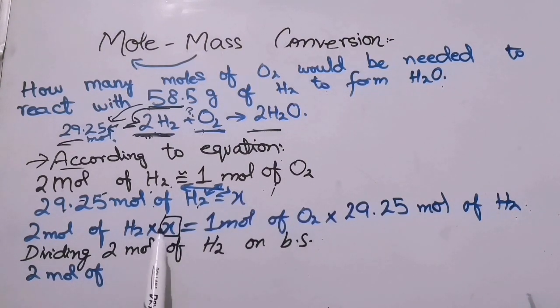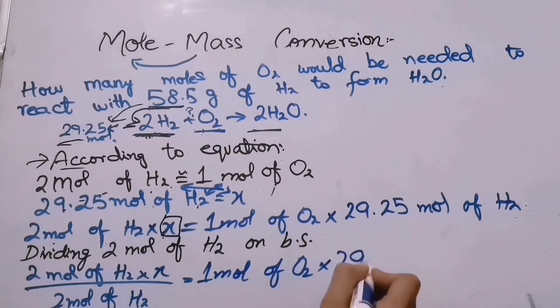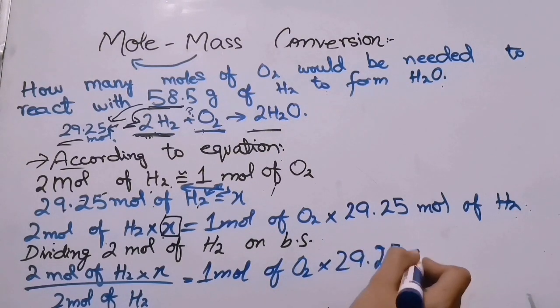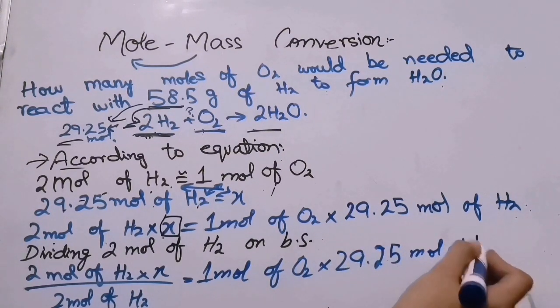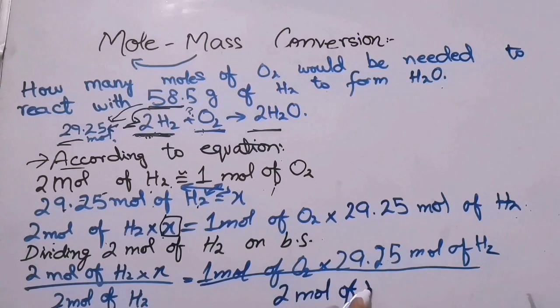Now X will stay in its place and we will divide 2 mole of H2 on both sides. 2 mole of H2 multiplied by X divided by 2 mole of H2, which will be equal to the above values divided by 2 mole of H2.